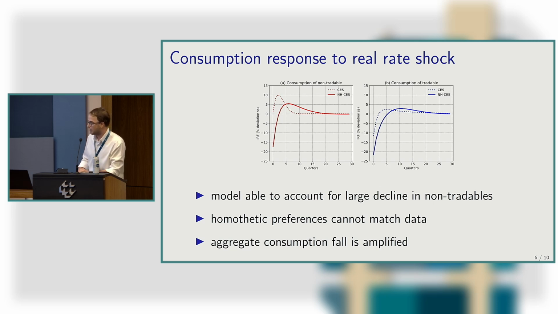And finally, he also finds that in his baseline model with non-homothetic preferences, this aggregate shock is amplified. So the consumption drop is way larger than the drop in the standard model.